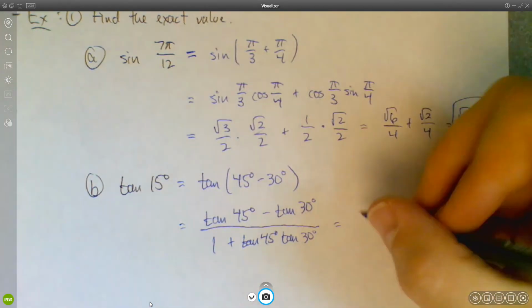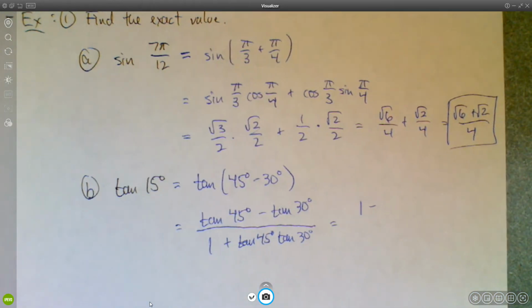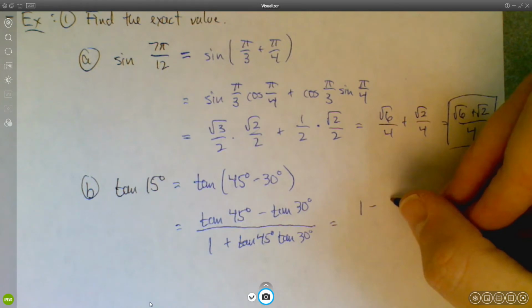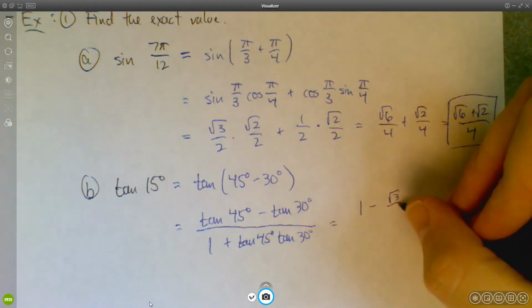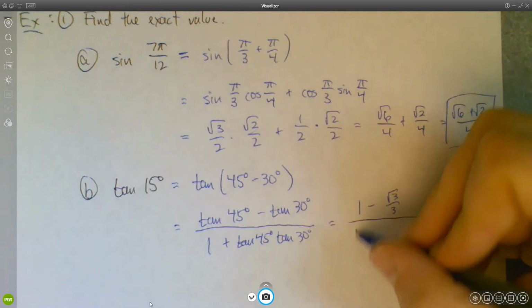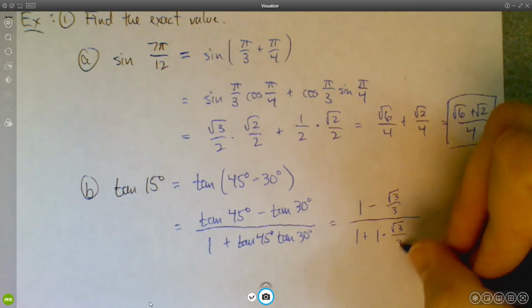So tangent 45 degrees is 1. Tangent 30 degrees, oh, I always have to think of these, right? So tangent 30 degrees would be 1/2 divided by root 3 over 2. So that's going to be 1 over root 3. Or if you like, you could rationalize it and call it root 3 over 3. And in the denominator, we're going to have 1 plus 1 times, again, root 3 over 3.